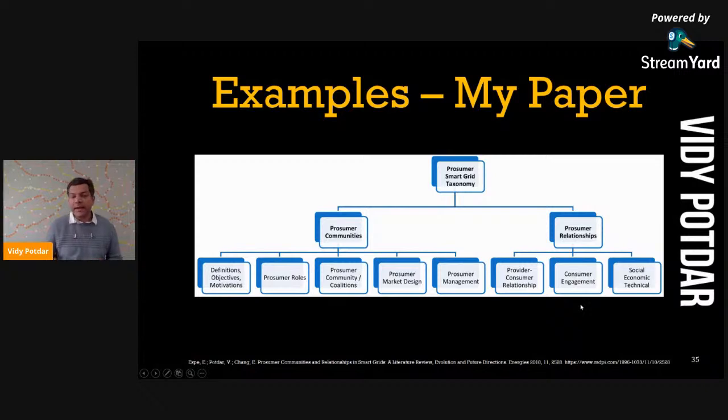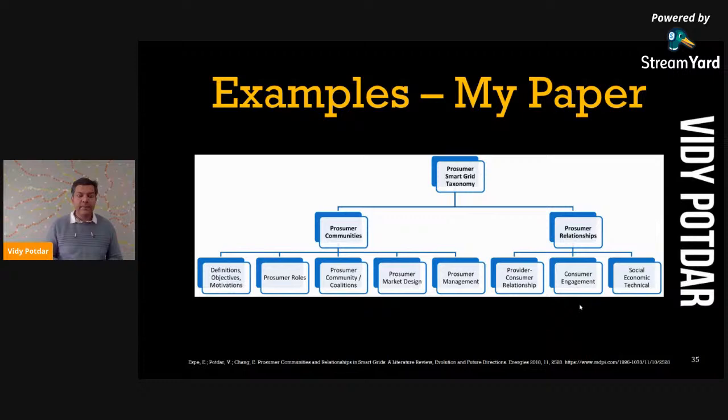To give you a brief idea how we can come up with something like this: when you are gathering your research articles for your systematic review, you can start thinking, okay, this paper fits in this area, or I want to create category A, category B, category C, and start putting those papers in those categories.